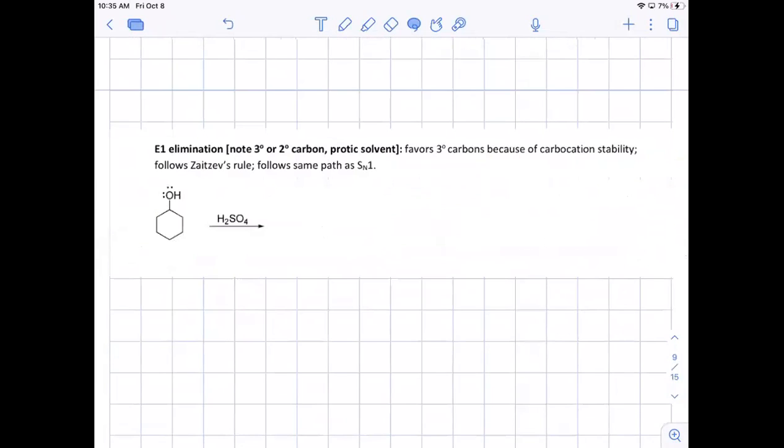It really follows the same pathway as the SN1 reaction, right? So tertiary, secondary carbons work. You want a protic solvent. Tertiary is favored because of carbocation stability, and just like E2 elimination, it follows Zaitsev's rule. So for E1, there's no base necessary, even though it's an elimination. Right, no base.